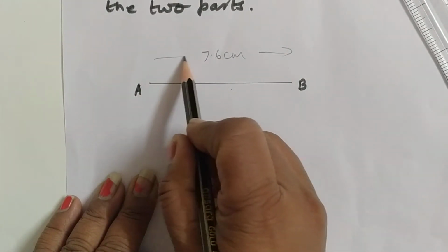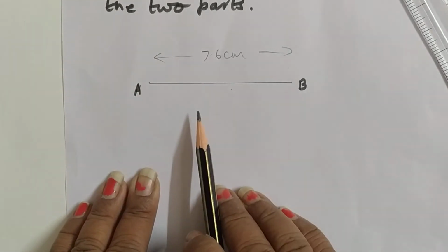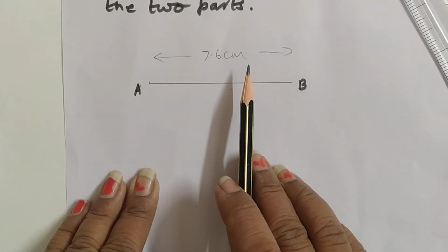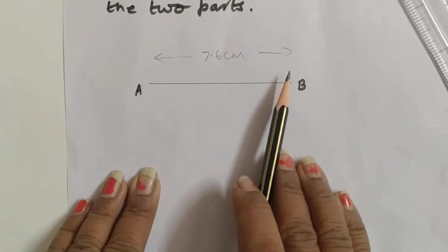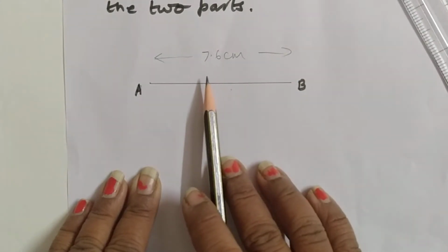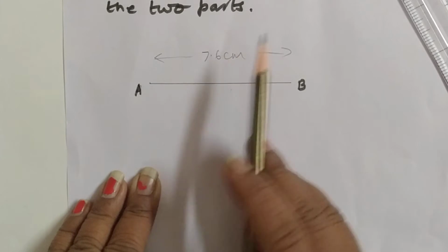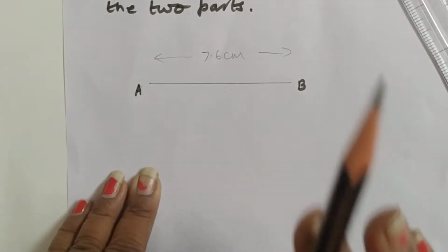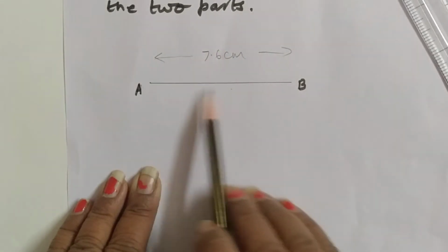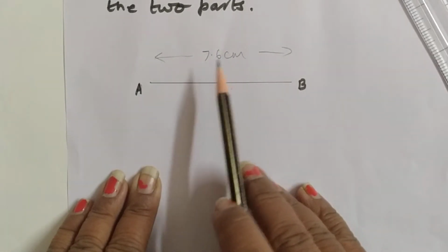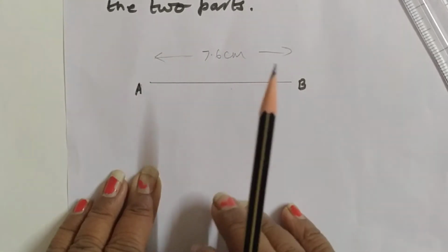Now, any measurement could be given to you. It is not always 7.6; it could be 5 centimeters or 6 centimeters. So what is the very first step of the construction? You have to draw the line segment according to the length given to you.